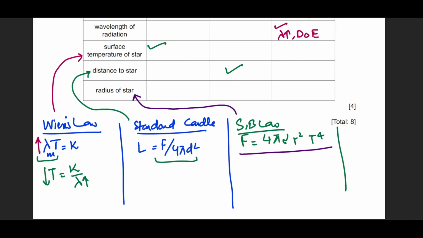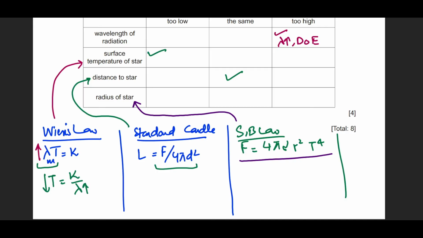But this will be in steps or parts. You see, what happened with the first law, Wien's displacement law? Your lambda was greater than the expected value. The temperature was lower. So if the temperature was lower, if you had to keep F constant, because this F does not change, then the value of R has to increase, because everything else is a constant, right?